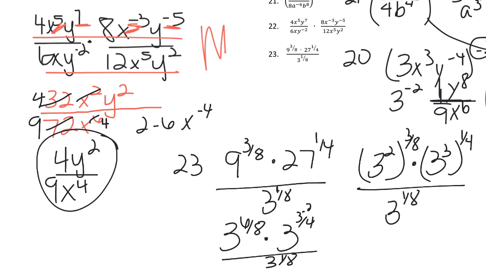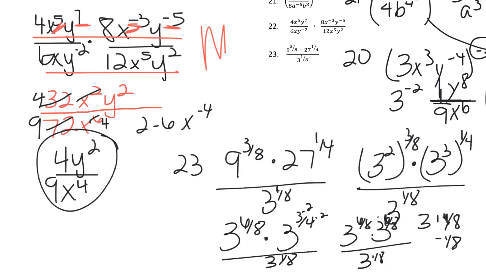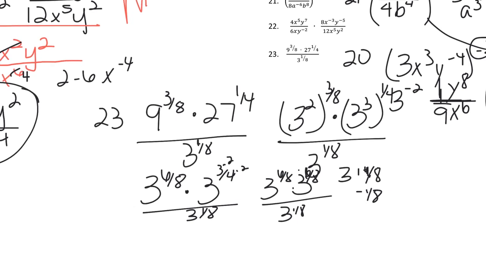I need to make this a common denominator, so I'm going to multiply by 2. So I get 3 to the 6/8 times 3 to the 6/8. Sorry, it's getting messy. Over 3 to the 1/8. Add 6/8 plus 6/8, that's 12/8, minus 1/8. So subtracting the bottom. And that gives me, geez, I need some space.